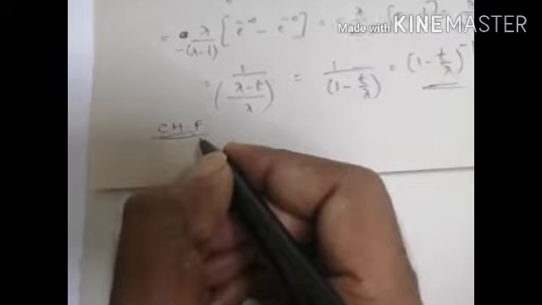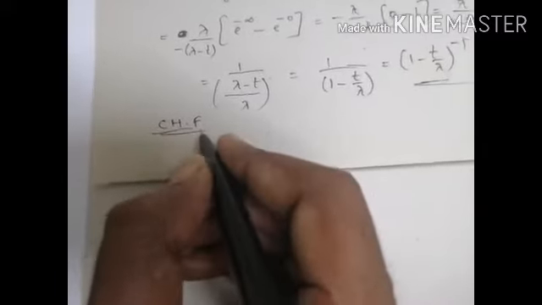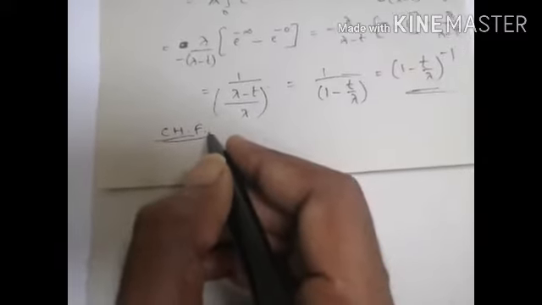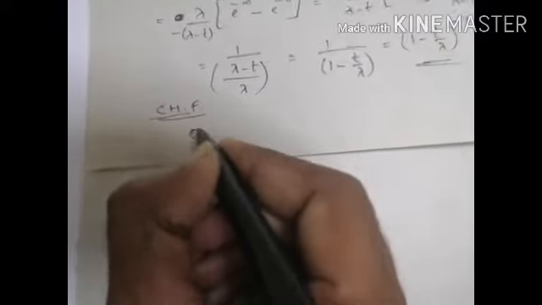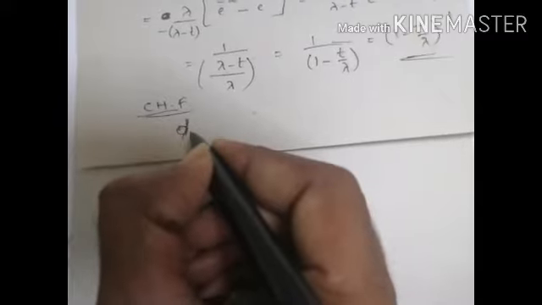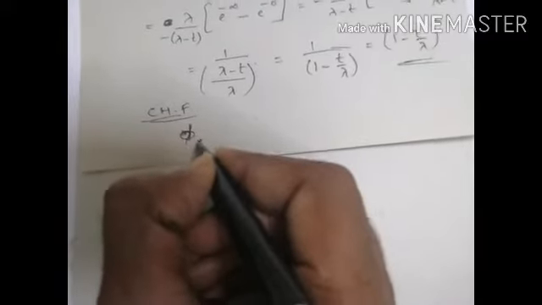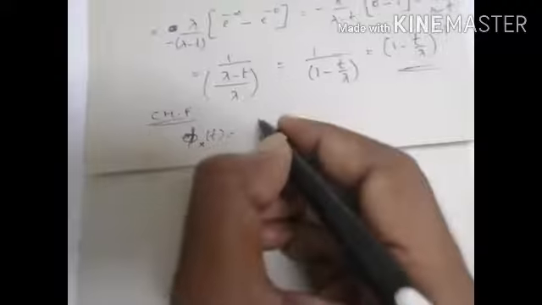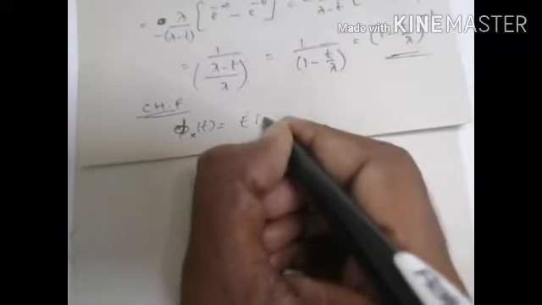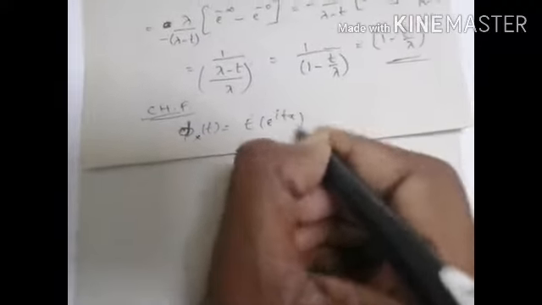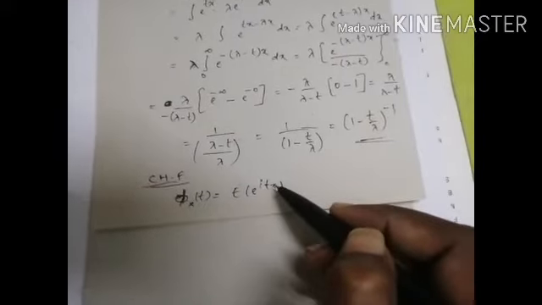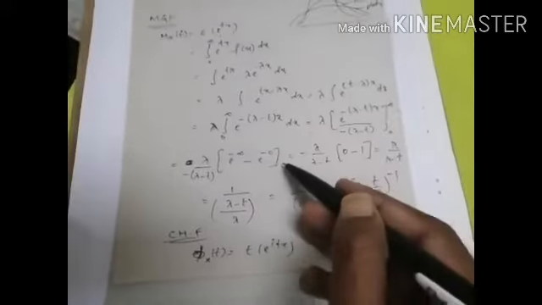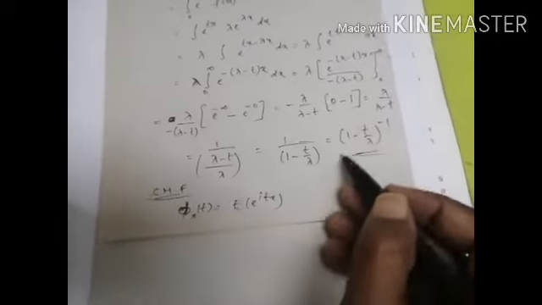Next is CHF, characteristic function. Similar to the MGF process, phi x of t is equal to the expectation of e to the power of i t x. In place of MGF's e to the power of tx, we change only to e to the power of i t x, so the same process applies.